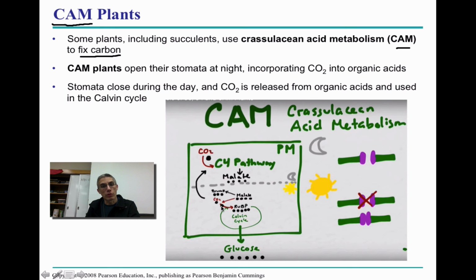It's also going to be used to produce CO2, and that CO2 is going to be used by RuBP. Again, this RuBP was something we had seen in the C3 plants. And that RuBP is going to take that CO2, fix it, and continue with the normal process of the Calvin cycle. And we're still going to get the production of glucose as our byproduct. Remember, that's going to be the food for the plant.